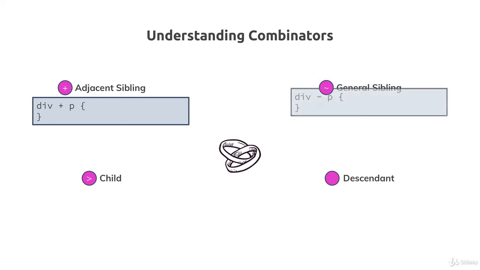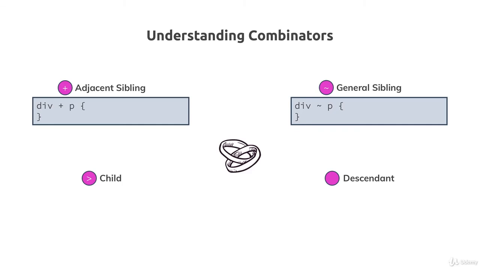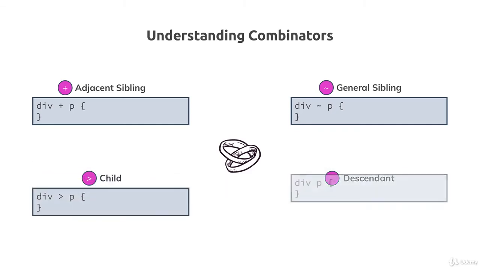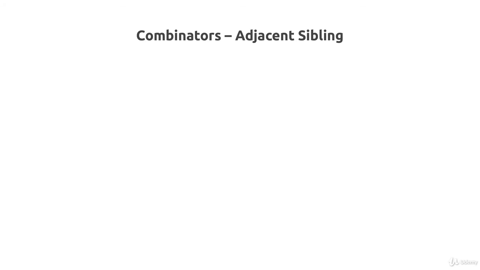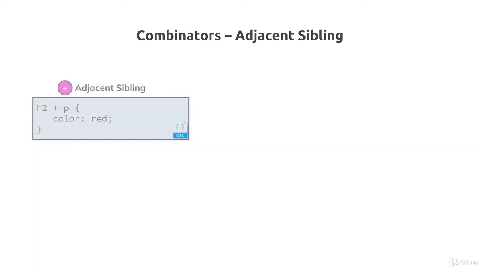General sibling uses the tilde sign between the selectors we want to combine. Child uses a greater than sign, and descendant uses a white space. This is the one we used in the last lecture. Now, what do they do in detail? The adjacent sibling selector simply is defined like this. Again, as for all selectors, you could combine multiple ones.